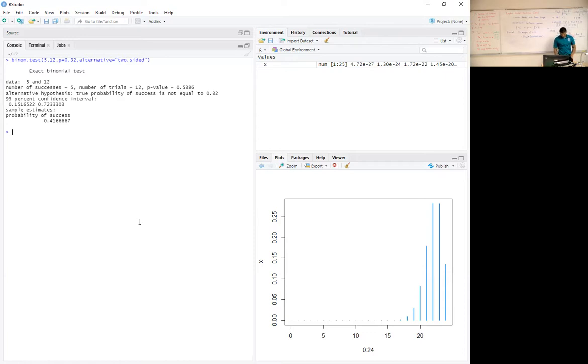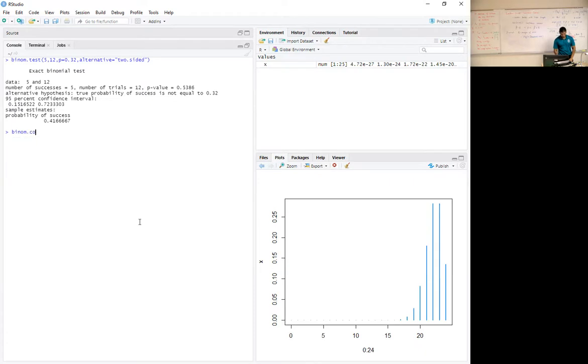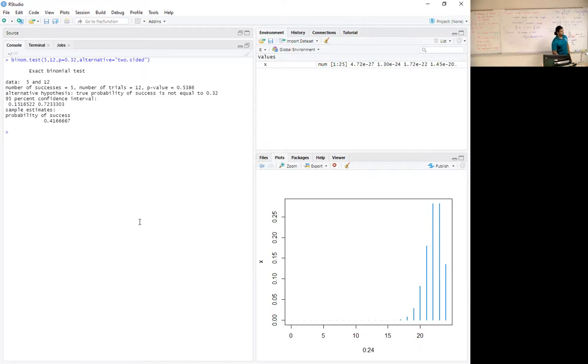But you can get Laplace-Wald if you did binomial confidence, it's probably in a different package. So R doesn't do Laplace-Wald because this works better with the large sample. So what does R use?